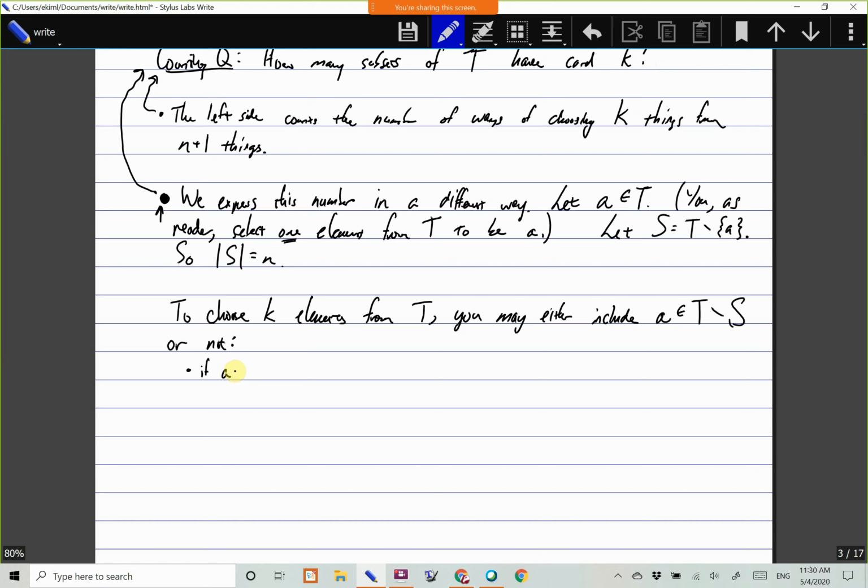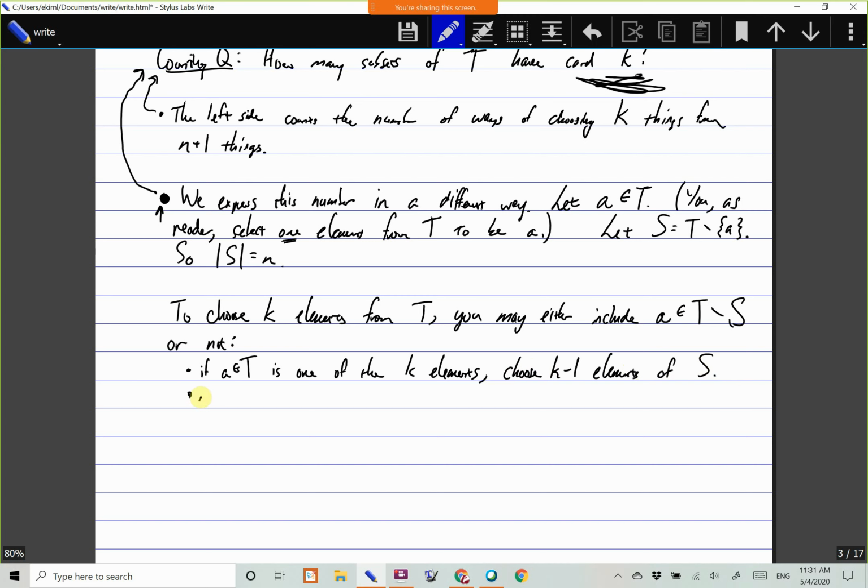If little a from capital T is one of the K elements of the subset that we're making at the moment, then in order to finish making a set of cardinality K, we need to still choose K minus one more things, right? So to complete our set, we have to choose K minus 1 elements of S.